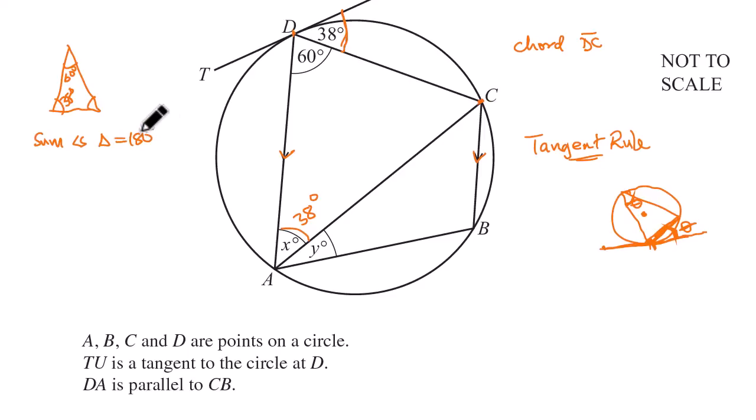We can simply do 180 minus the sum of these two angles, that is 60 plus 38, that is 98 degrees, is equal to this angle here. Okay, and that's going to be 82 degrees.